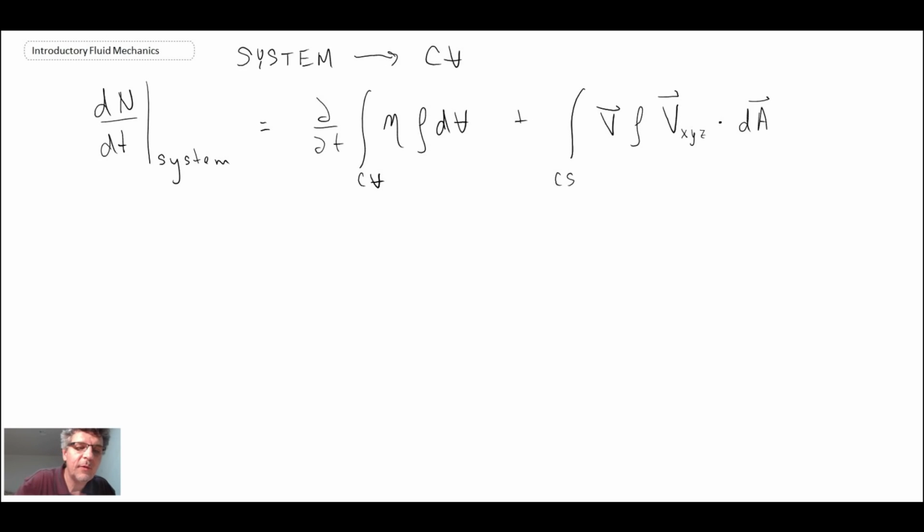So this is an expression for the time rate of change of that extensive property, and it is then expressed in terms of, on the left it's for fixed mass, and on the right is for the control volume formulation. And you'll see one of the changes that we have here is we've expressed the velocity in this formulation in terms of the velocity in our moving reference frame.